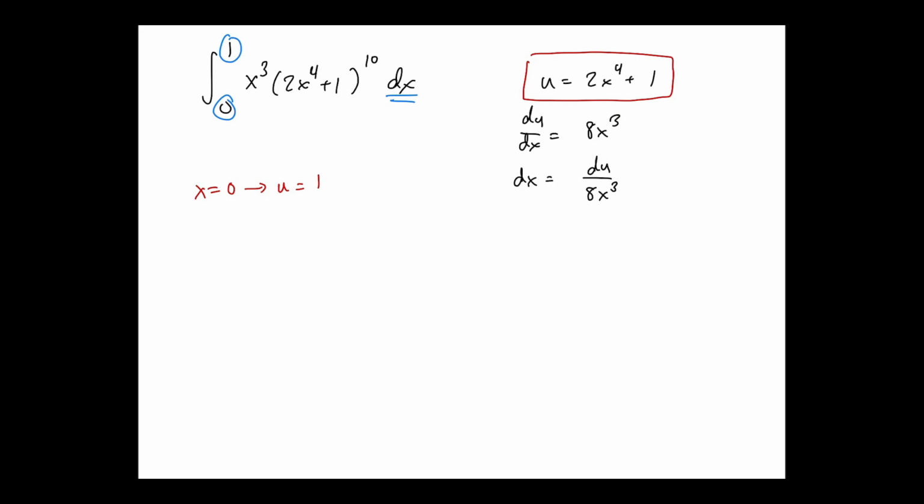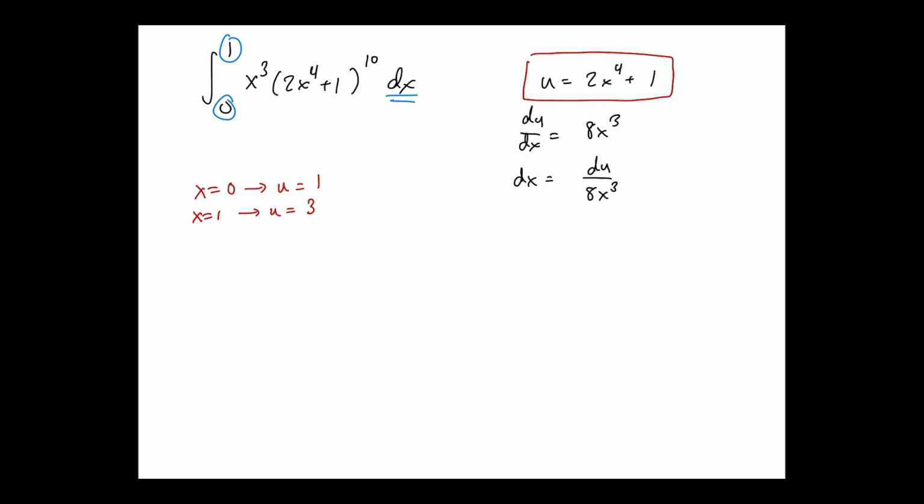What about if x is 1? 3. So all I'm doing is plugging 0 or 1 into the 2x to the 4th plus 1 formula, which is what I chose for my substitution. Does that make sense?